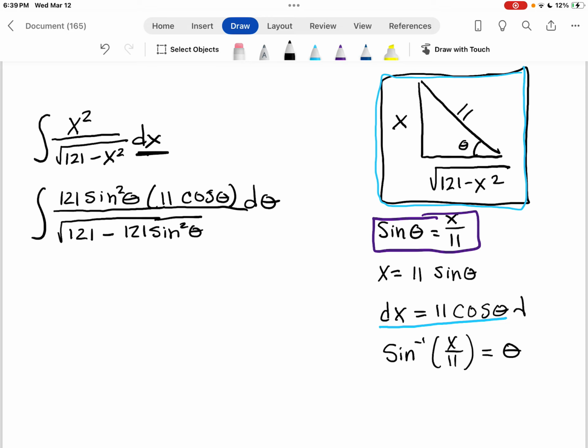Oops, I forgot my d theta over here. Let me add that in. All right, now this is going to simplify quite a bit. I'm going to leave everything on the top the same for right now.